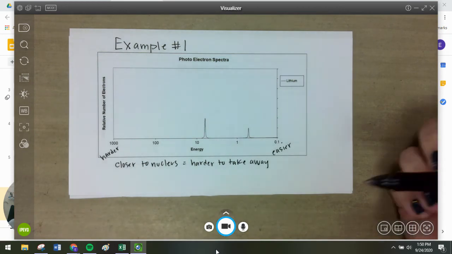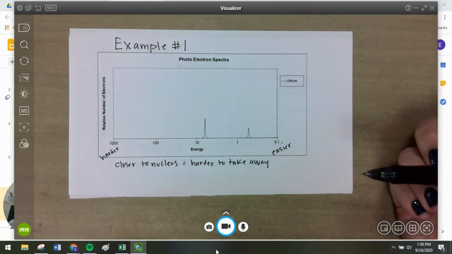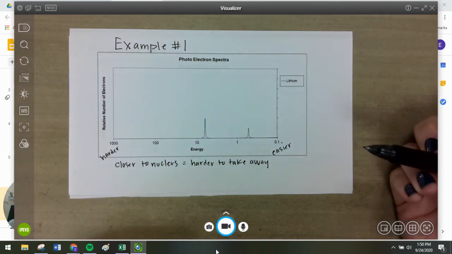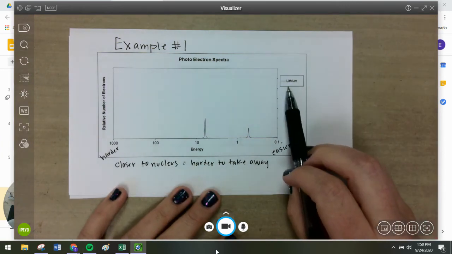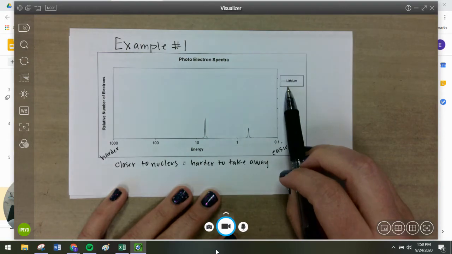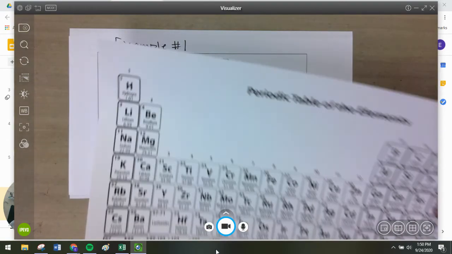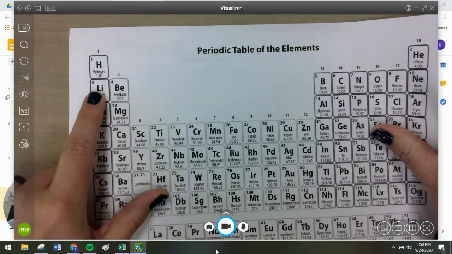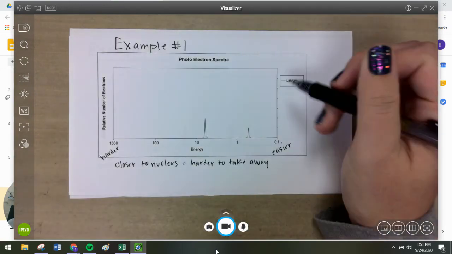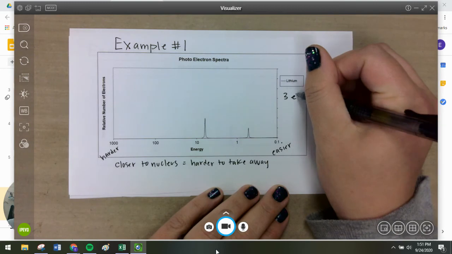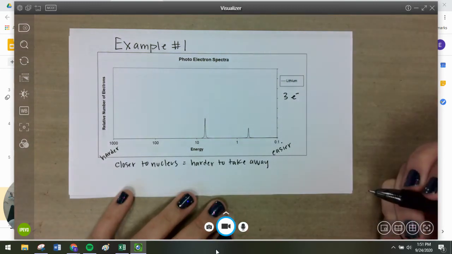We're going to be asking you to go through and analyze these spectrums and tell us what they tell you. So this is the PES diagram for lithium. If we find lithium on our periodic table, Li has the atomic number of 3, which means that lithium has 3 electrons total.